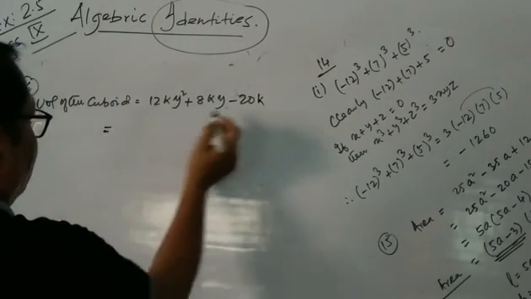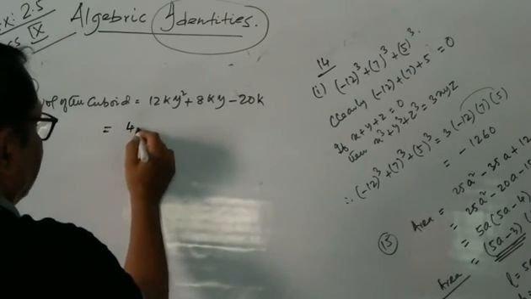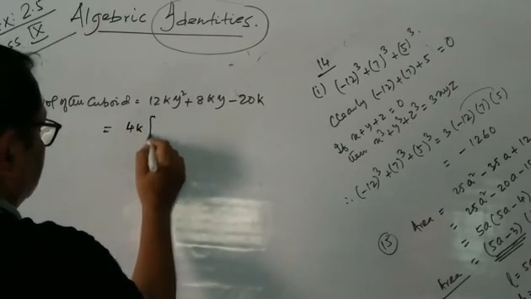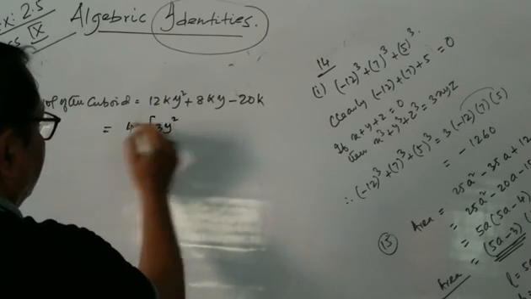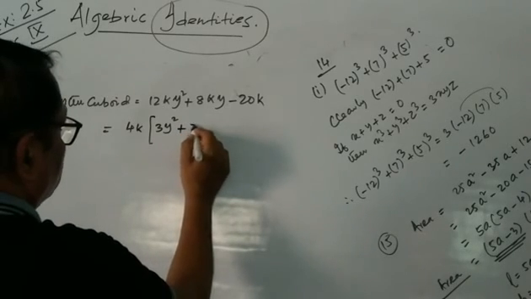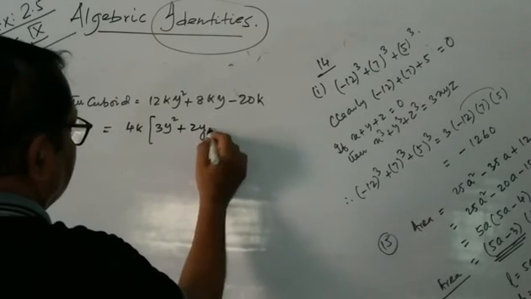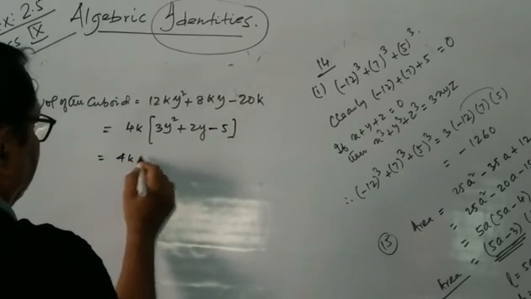What we will do, from here we will take 4k as common. So it will be 3y² + 2y - 5, times 4k.